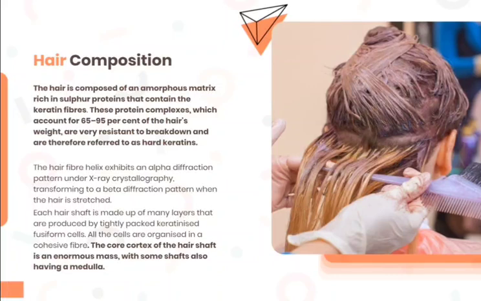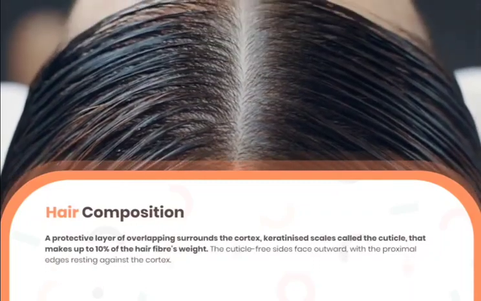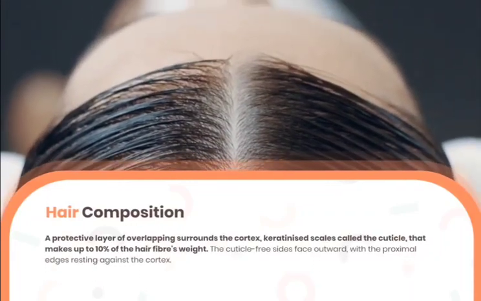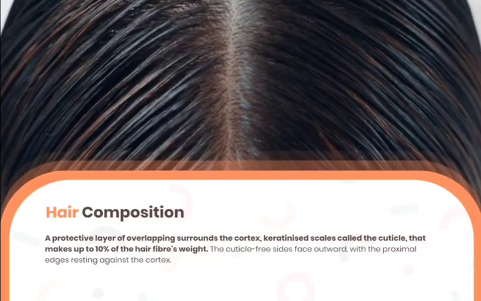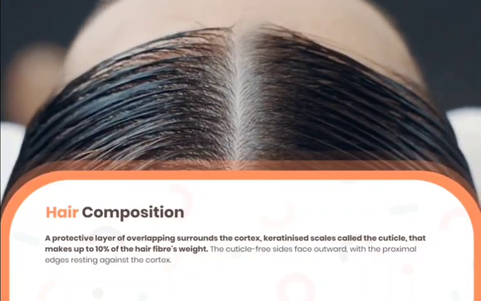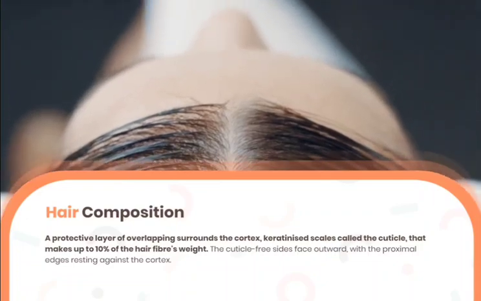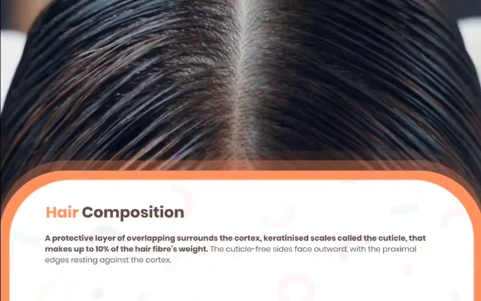The core cortex of the hair shaft is an enormous mass, with some shafts also having a medulla. A protective layer of overlapping keratinized scales, called the cuticle, surrounds the cortex and makes up to 10% of the hair fiber's weight. The cuticle-free sides face outward, with the proximal edges resting against the cortex.